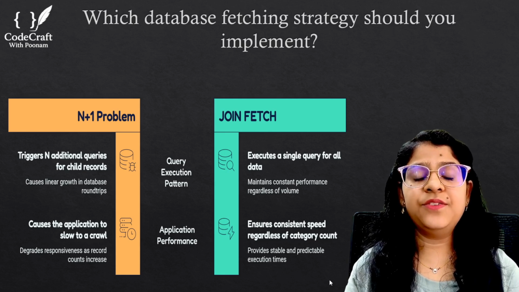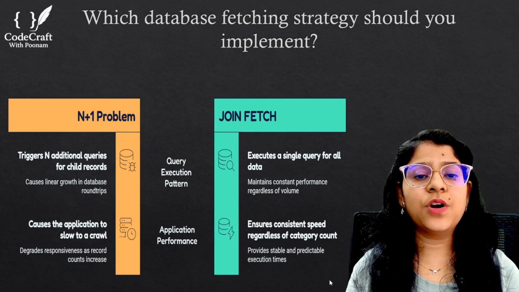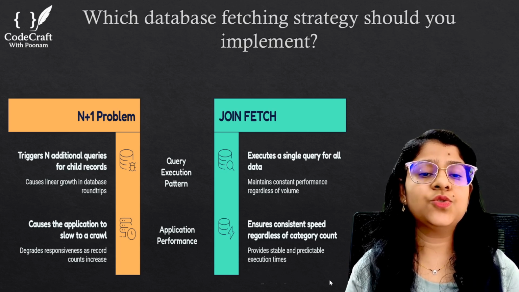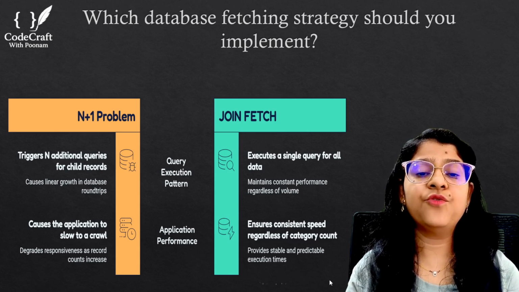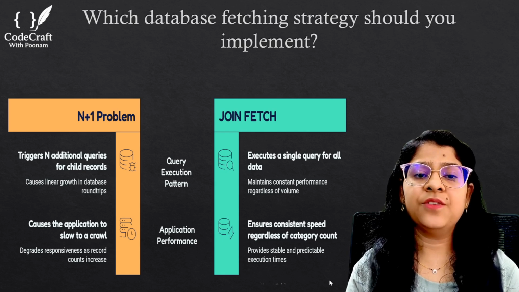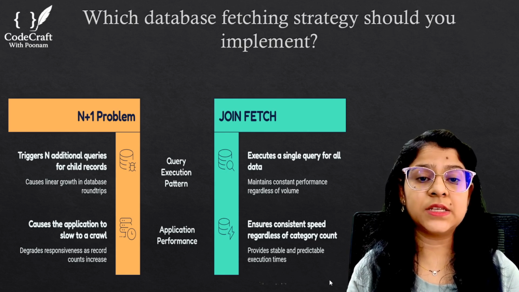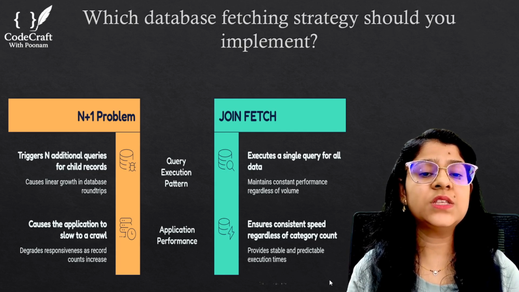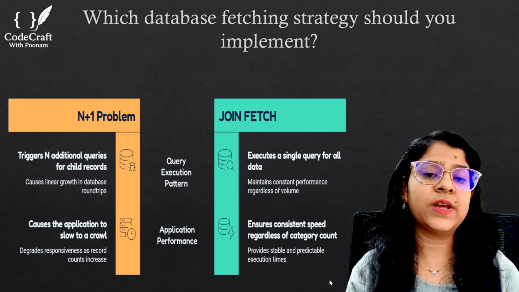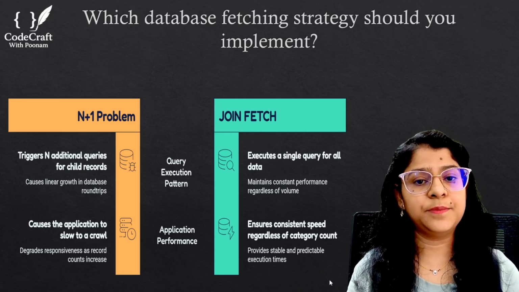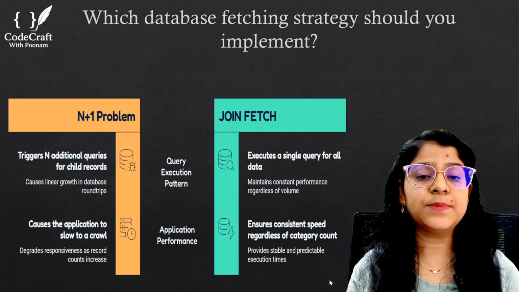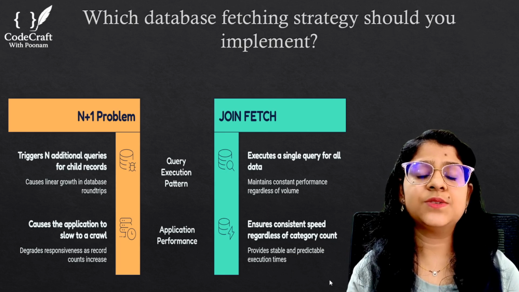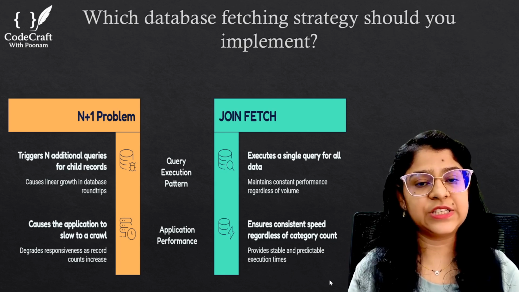So, for example, if there are three categories, then you will have one plus three, so totally four queries. If you have 100 categories, then it is 1 plus 100, that is 101 queries. Then your app slows to a crawl. That's why, to fix it, we use join fetch.